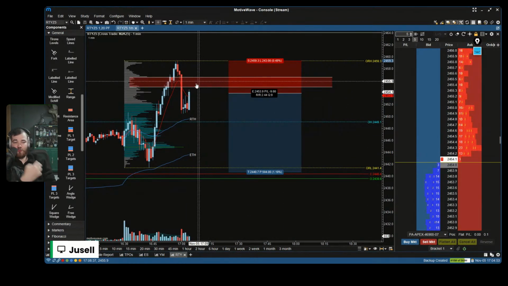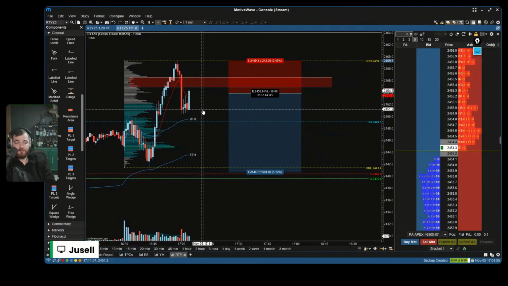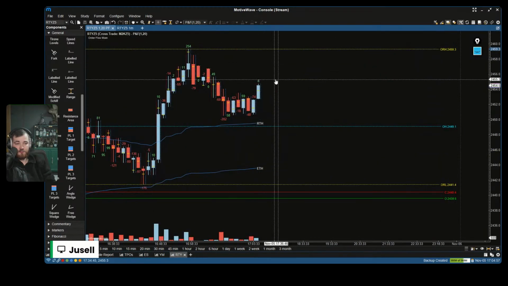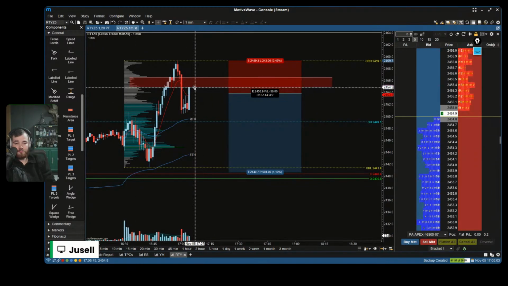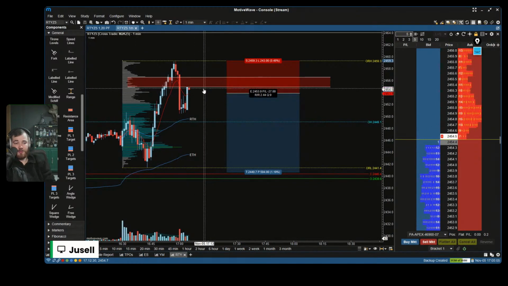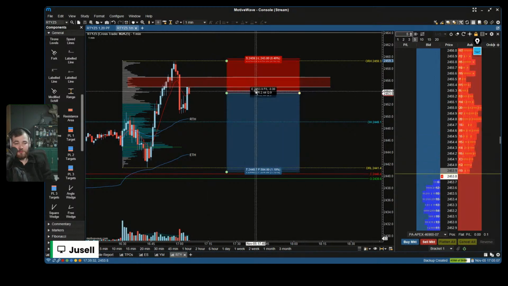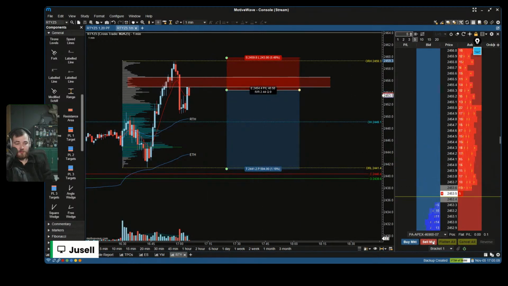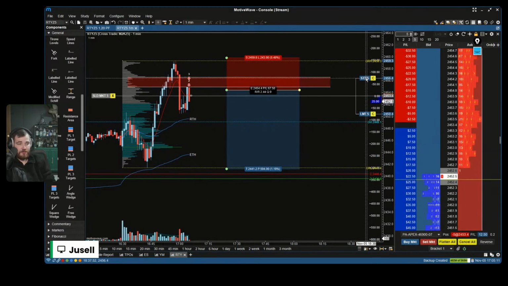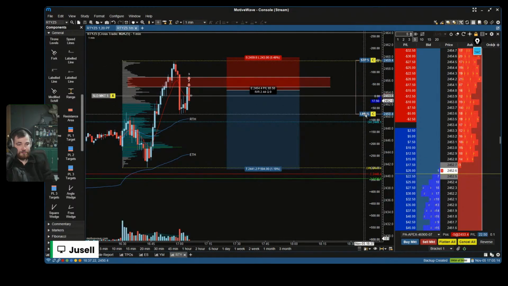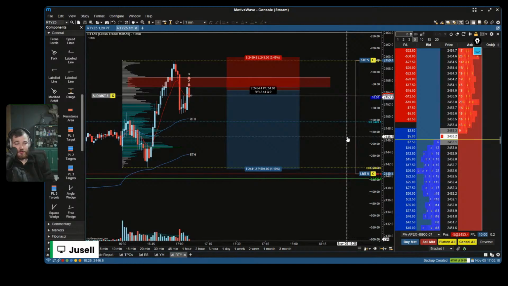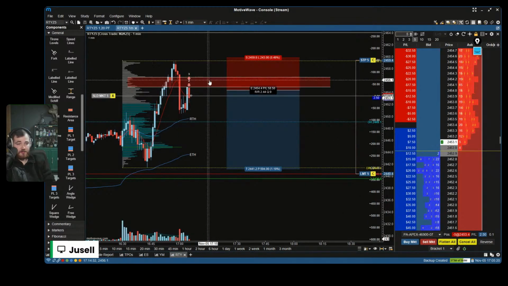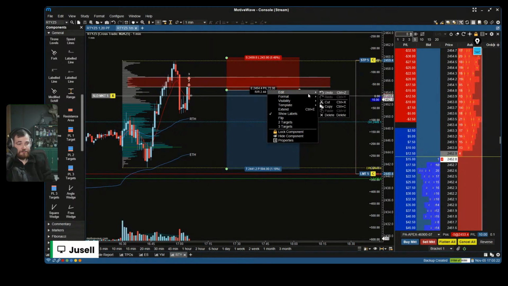This is where I think the short will bounce, if it will bounce. There we go, we get a bounce. I'm short. I'm short. There we go, we get a trade today.